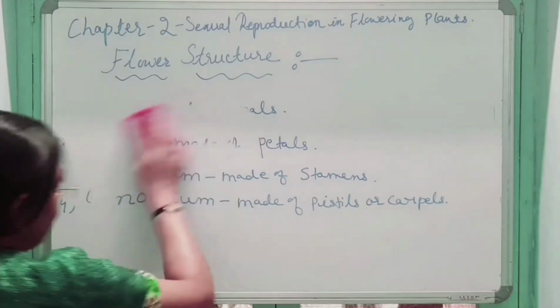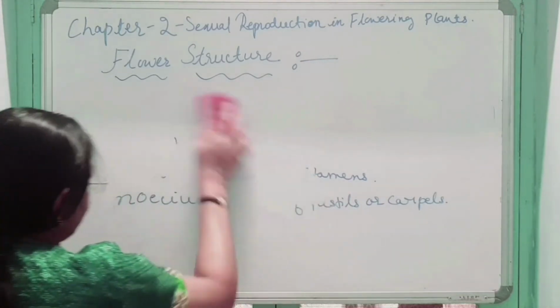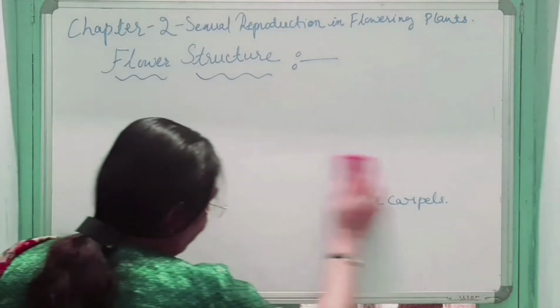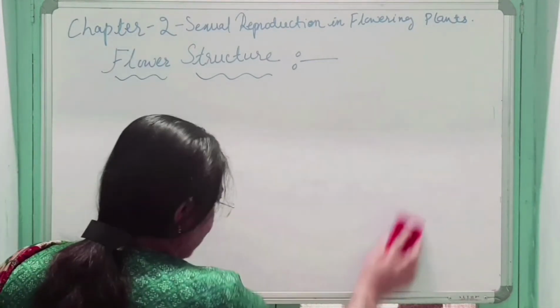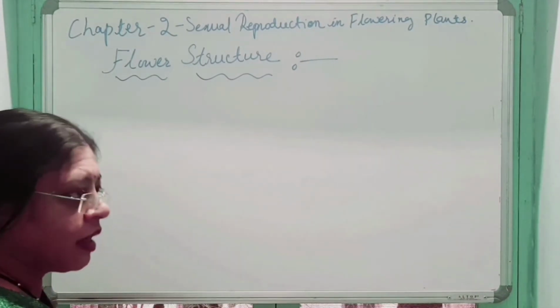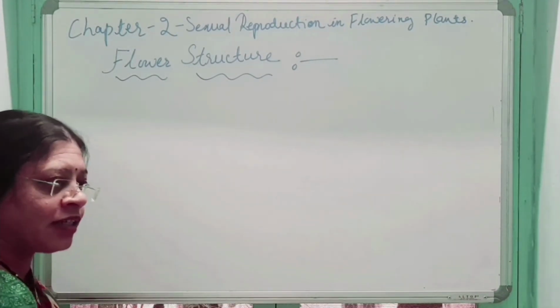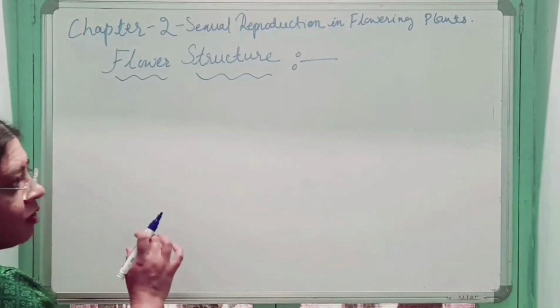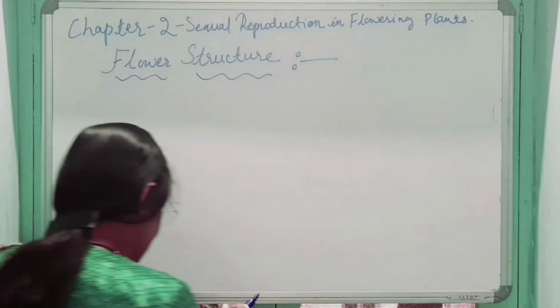After going through the diagram, we have seen that flower is made up of four whorls of calyx, corolla, androecium and gynoecium. Okay. Now let's try to understand each whorl or each part of the flower separately.